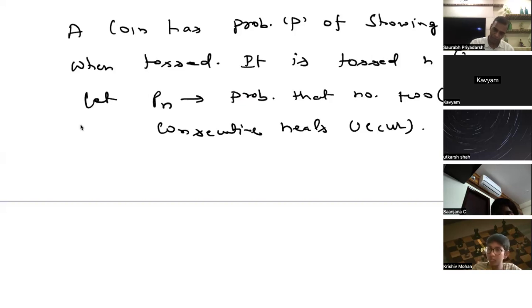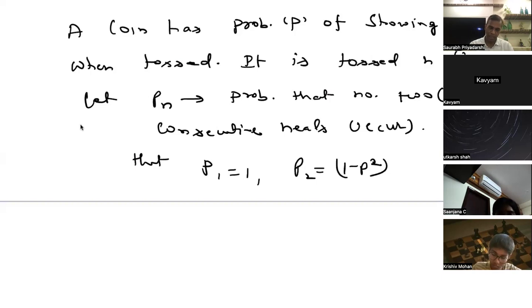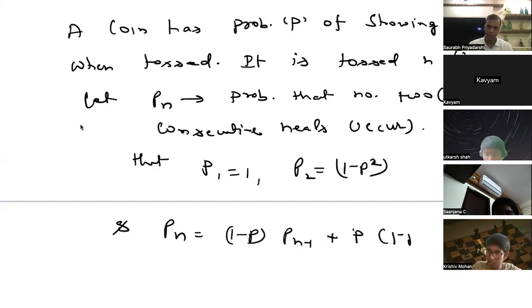Then prove that P1 is equal to 1, P2 is 1 minus P square, and Pn is equal to 1 minus P into Pn minus 1 plus P into 1 minus P into Pn minus 2.